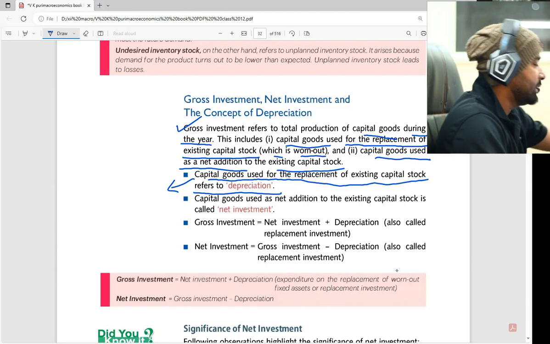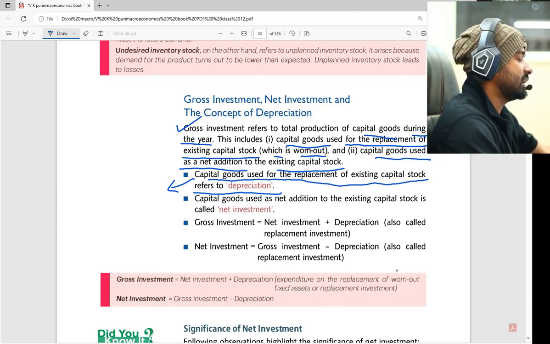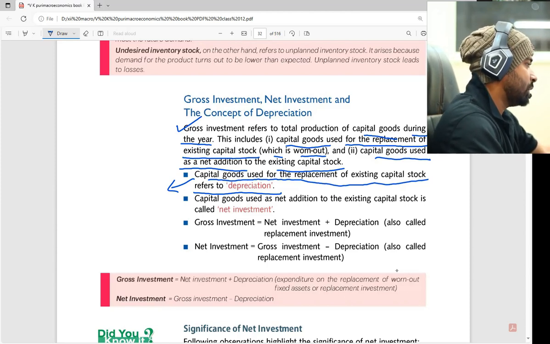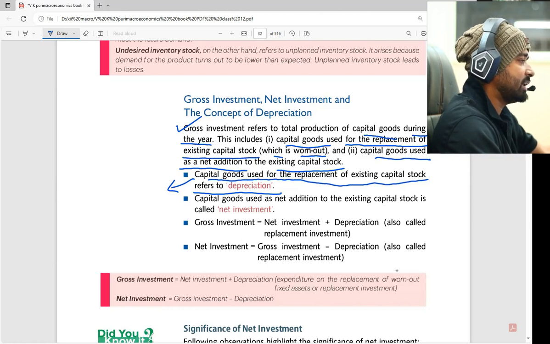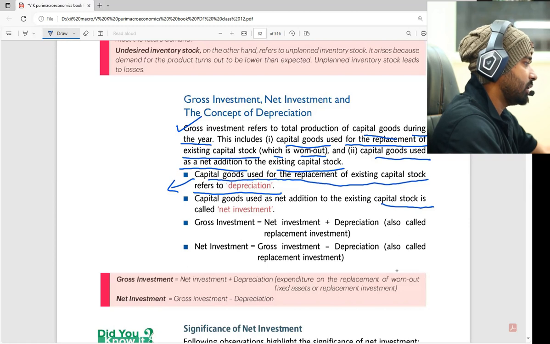Now here, why is this word coming, that capital stock is used for the replacement of existing capital stock? Why this word replacement of the existing capital stock? That is one of the depreciation.